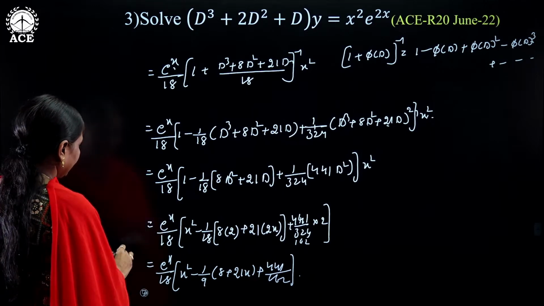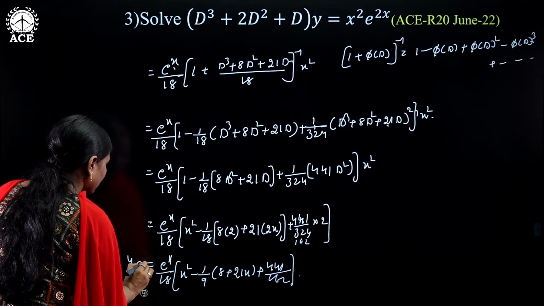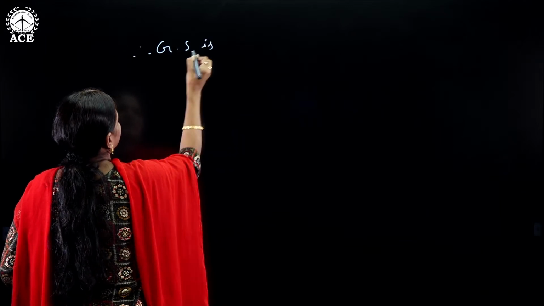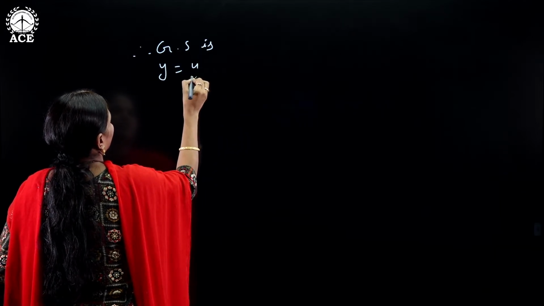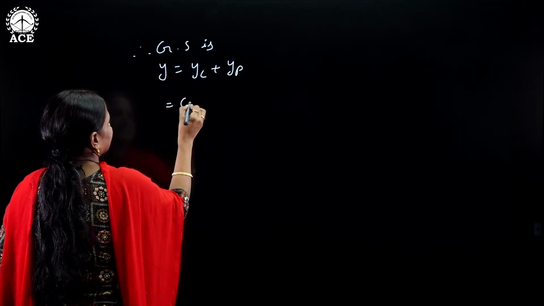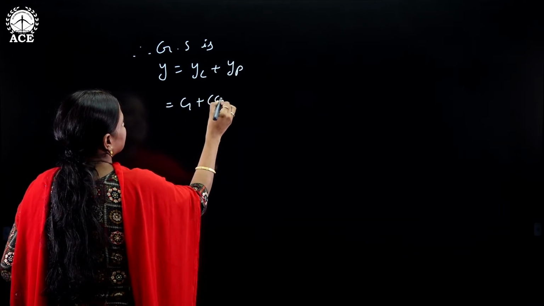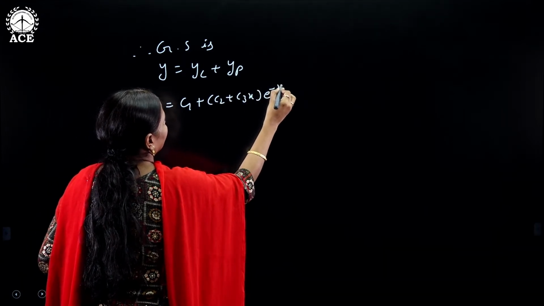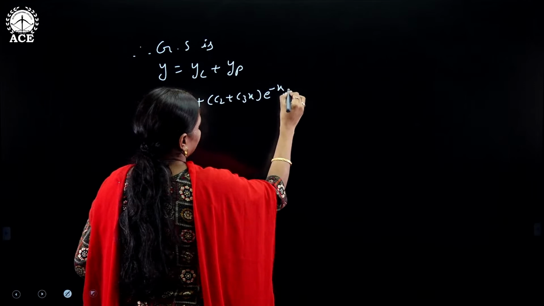So this is the required particular integral. So this is the particular integral only, yp. Next write the general solution. So what is the general solution? Therefore, general solution is y is equal to yc plus yp. What is the yc? yc is (c1 plus c2 plus c3 x) into e power minus x plus yp.